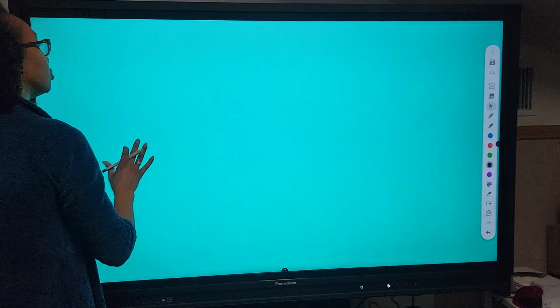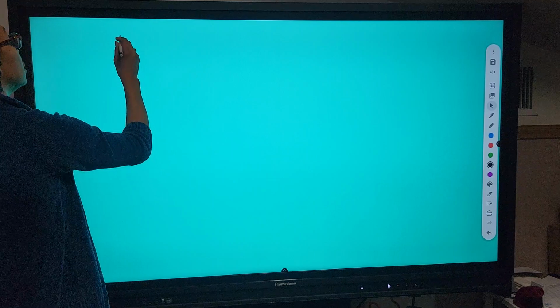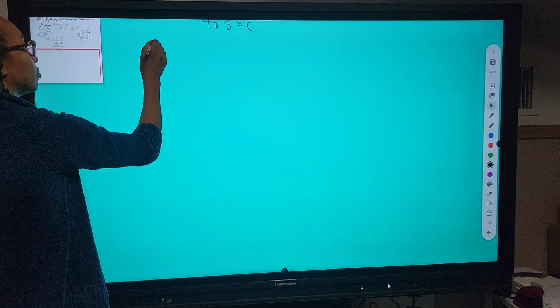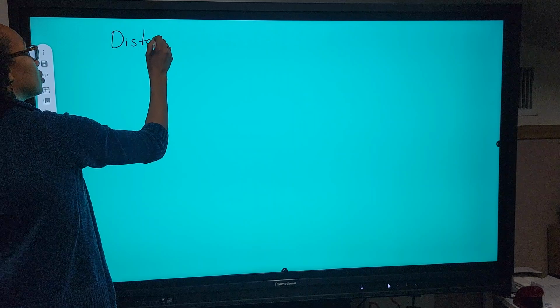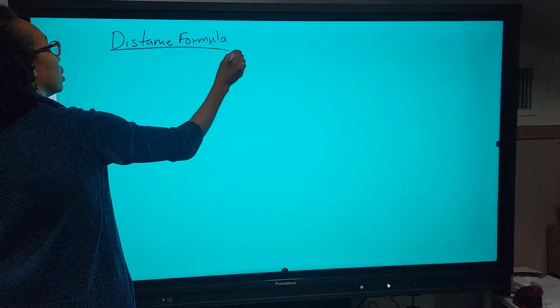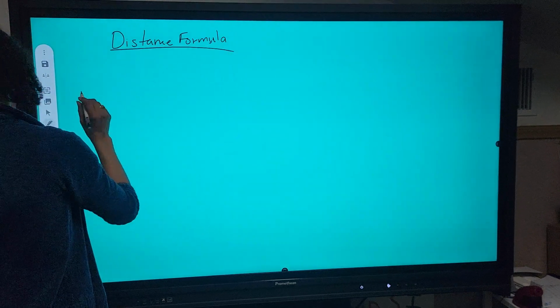You can of course look in your book and see a visual of what that looks like on the graph, but I'm going to go right into the formula. Alright, the distance formula looks kind of scary just before you actually see it.